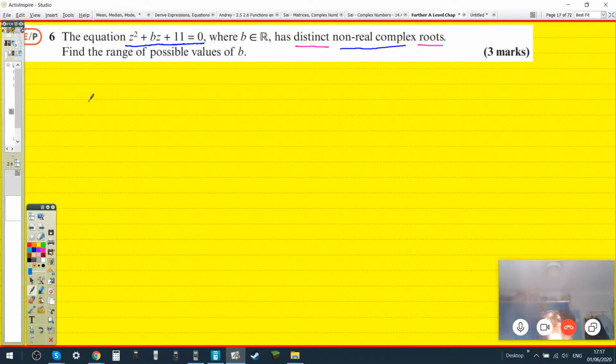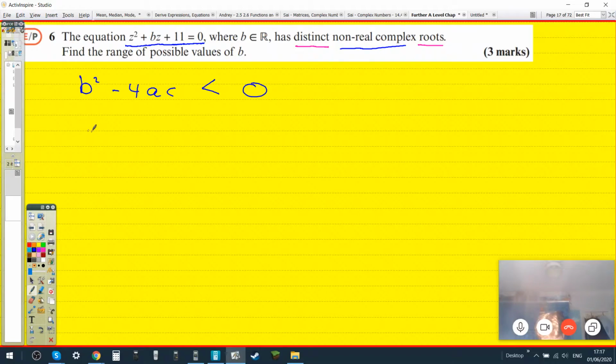So do we just plug that into the discriminant? Yep. What is the discriminant? So b squared minus 4ac. Yeah, you don't need the root. Okay. So you said it's negative, and the way you can represent that is it is less than 0. So b squared minus 4ac is less than 0. We know that a is 1 and c is 11.